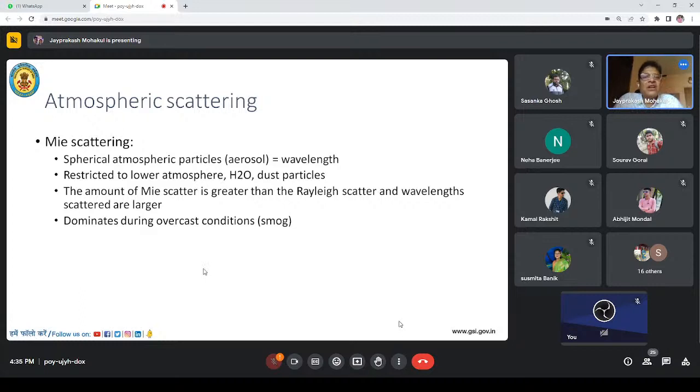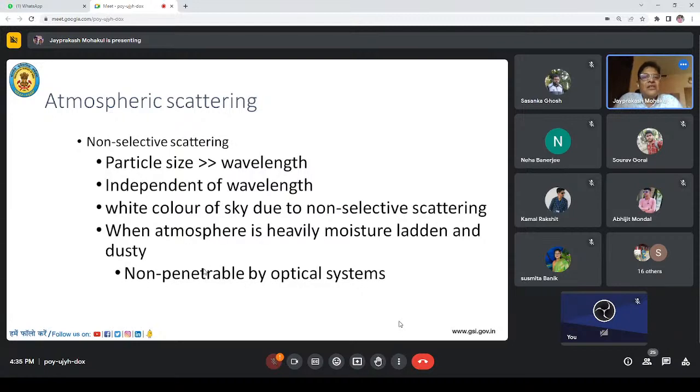You can also have non-selective scattering, when the particle size is much larger than the wavelength, then it becomes independent of wavelength. All the light gets scattered in a similar fashion, right? Let's say you have a huge amount of water vapor and a lot of dust particles.